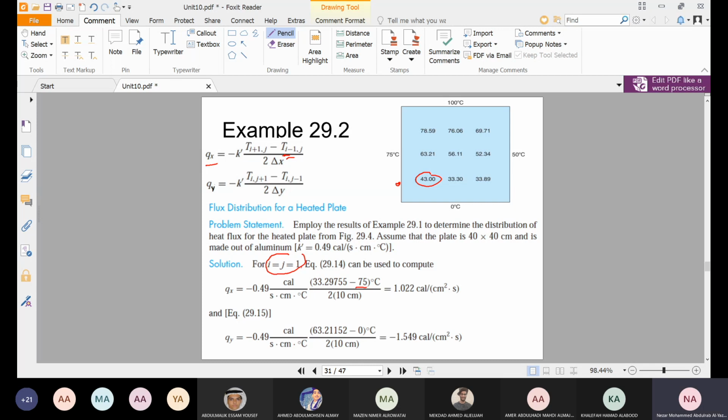And T i+1, j, so this is 2, 1, this will be the value, and this is equal to 33.29755, because this is approximated in the table. It's actually 33.295755. So here we round it off to become 33.3. So we use both, and we have 2 multiplied by delta x. Delta x is 10 centimeters. So we multiply this one, and we compute the value of Qx.